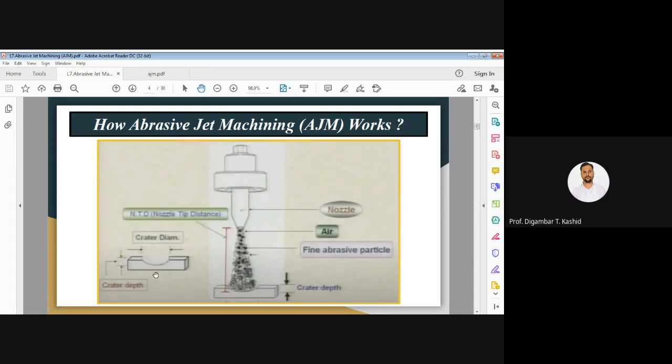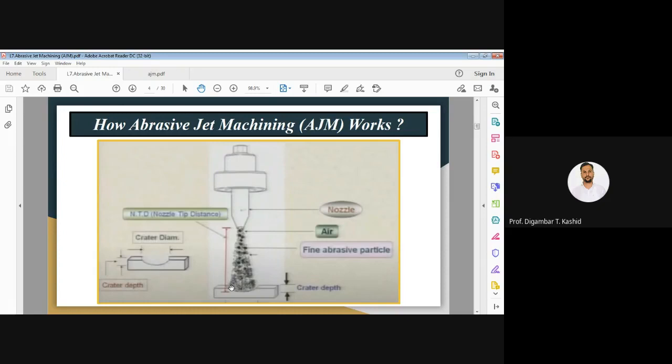Now, if the jet is hitting the top surface of your workpiece, then you will have to measure this nozzle tip distance from the top surface itself.